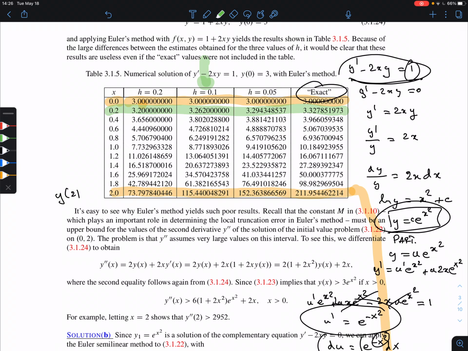So it's a bit of a trade-off. If you take smaller h's, you're going to get smaller errors coming from the method, but your rounding errors are going to be bad. And this is the problem sometimes of numerical methods: where you try to improve one, you make the other one worse.